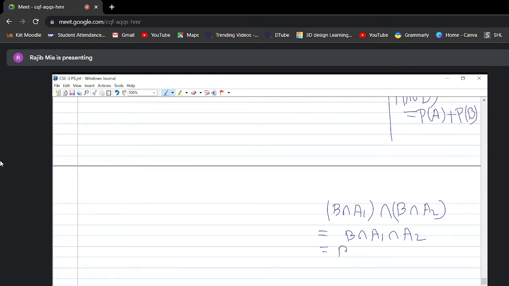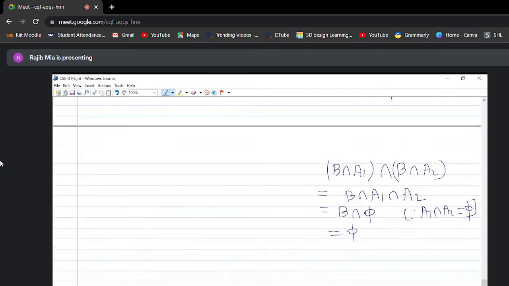So this is B intersection phi, which is phi, the null event. This implies these two events, B intersection A1 and B intersection A2, are mutually exclusive events.